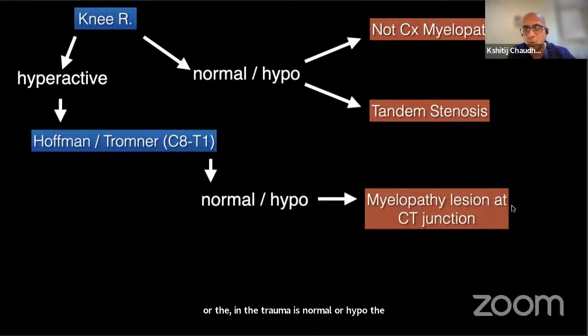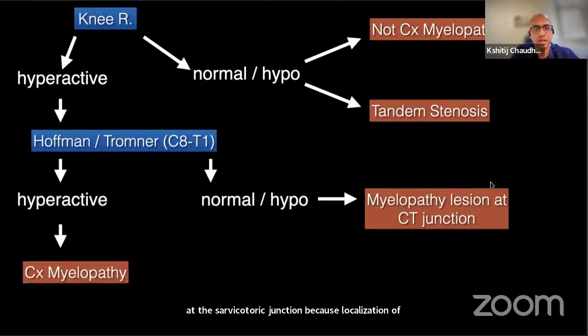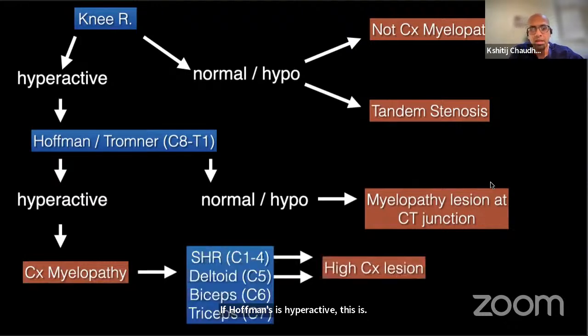The lesion may be lower motor neuron at the cervicothoracic junction because localization of Tromner's is C8T1. If Hoffman's is hyperactive, this is potentially going above the C8T1 level. And if you have scapulohumeral reflex and deltoid reflex hyperactive, then it is a high cervical lesion.